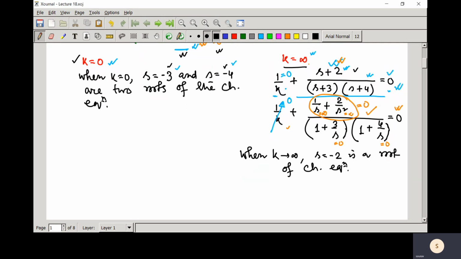So at K equal to infinity, zeros of the open loop system would be the poles of the closed loop system. Also, when K tends to infinity, s equal to infinity is a root of the characteristic equation.